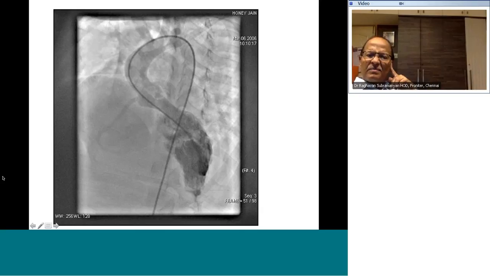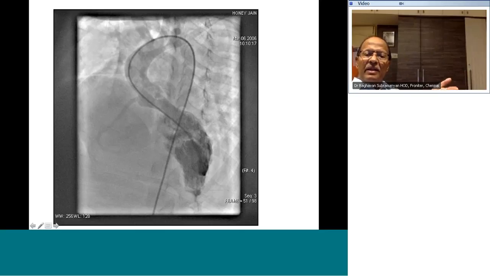What else? Spade type of effect. No, this is not a spade effect. Not at all. You see, this is a gooseneck deformity in the other LAO view. This is a LAO angio in an AV canal defect.